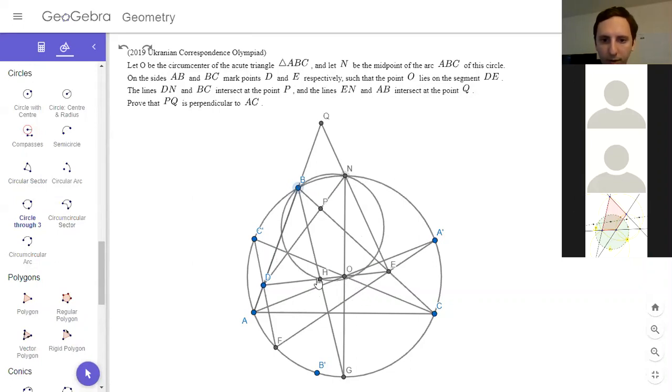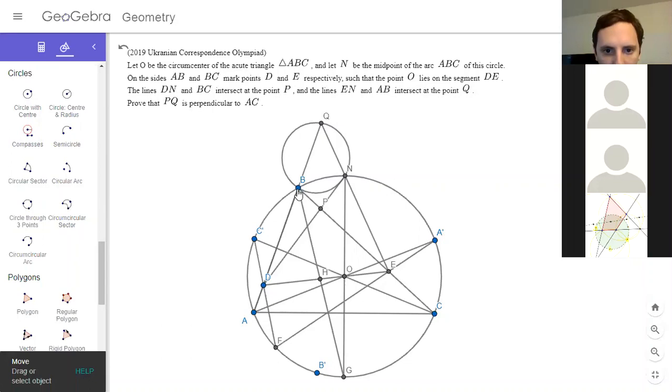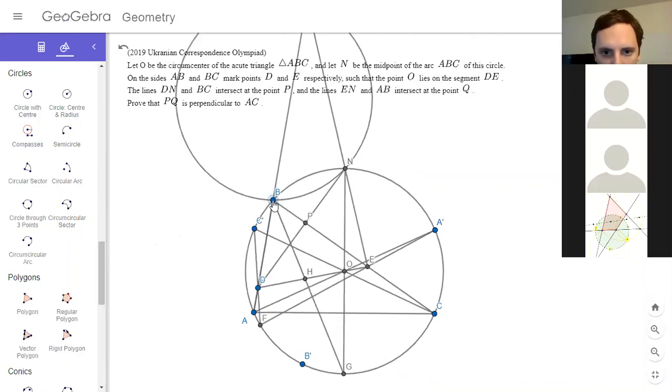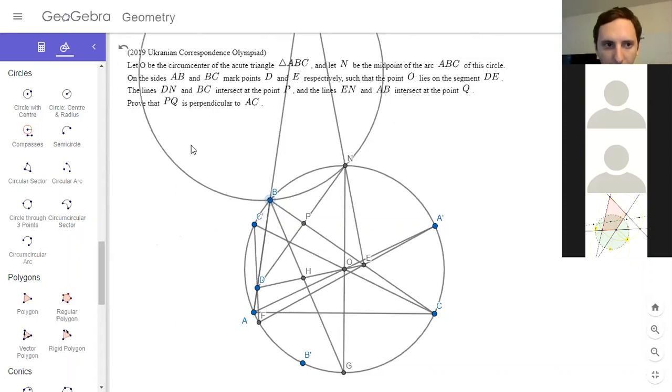What points were you asking about? Doesn't EV look like tangent to circle of BNQ? BNQ? They do look like tangents. Let's see. Do they look tangent now? I don't think so, right? No. No, sorry.